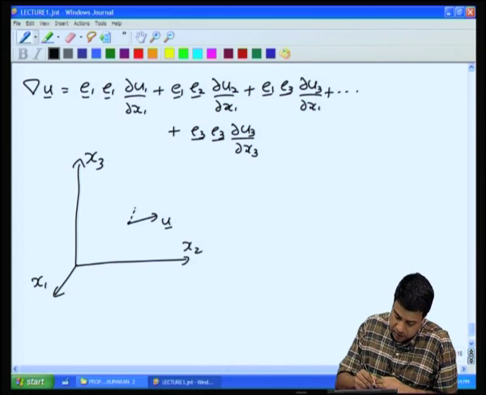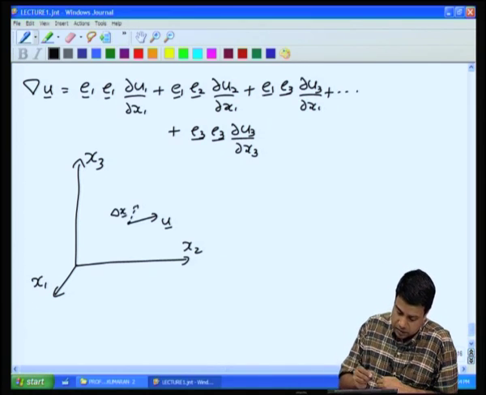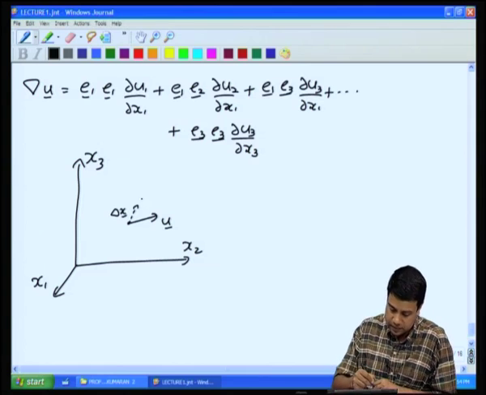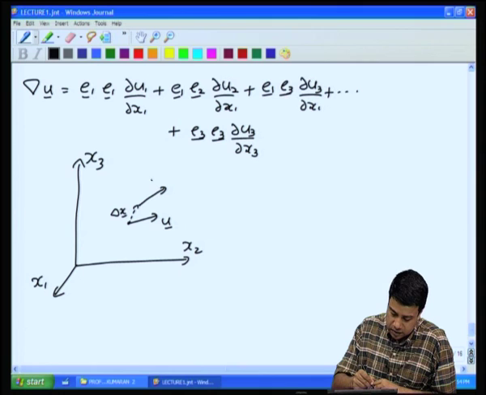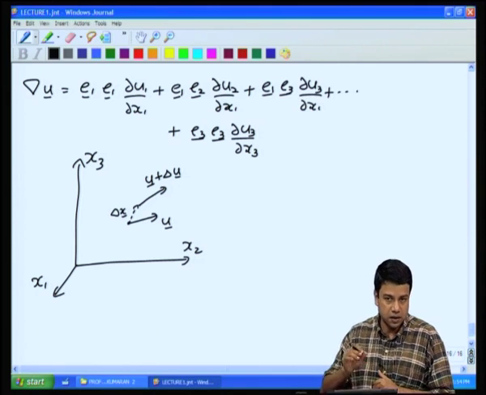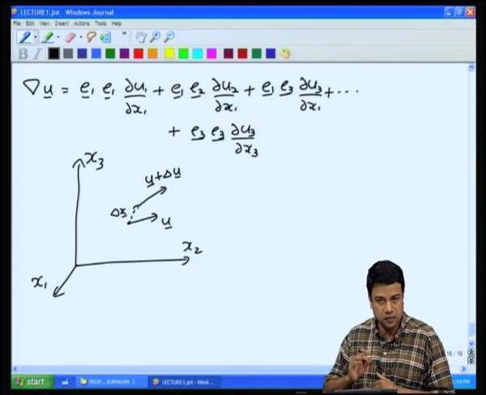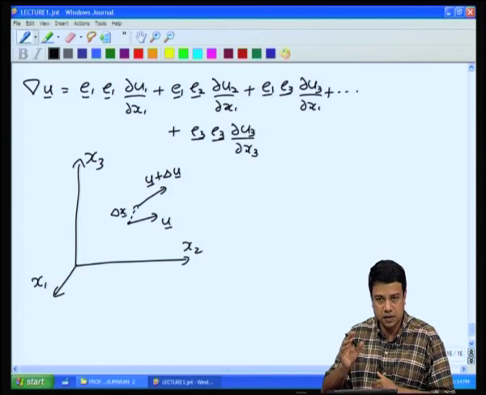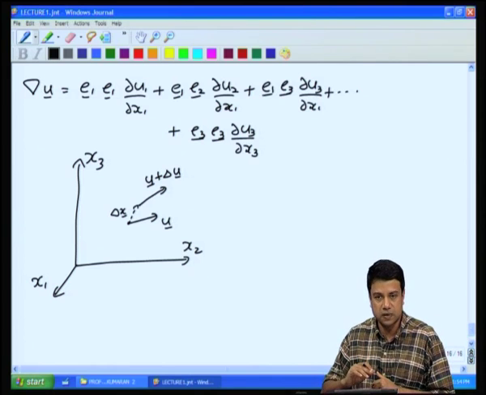I go a small distance delta x in one particular direction, and when I have traveled this distance, at this new location the velocity is equal to u plus delta u. Okay. The velocity has changed by an amount delta u. Delta u now is a vector. Okay. Delta u is the change in velocity, the new velocity minus the old velocity.